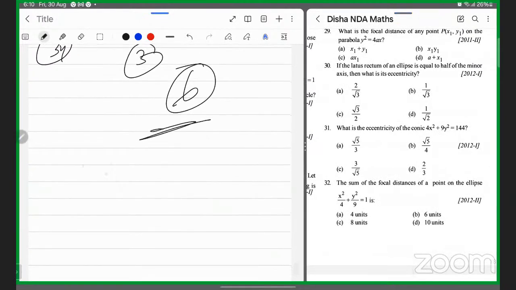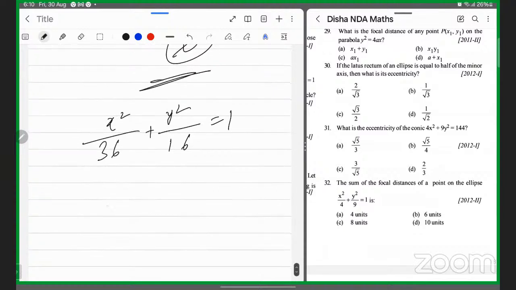What is the eccentricity? x square by 4, y square by 9, 16, 1. Horizontal ellipse. So what is the eccentricity? Eccentricity: b square equals a square times 1 minus e square.